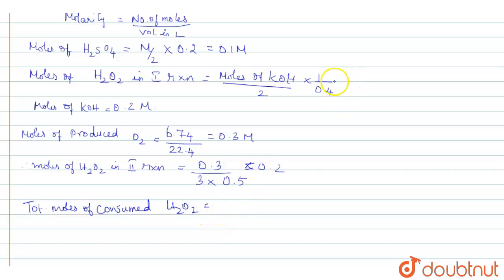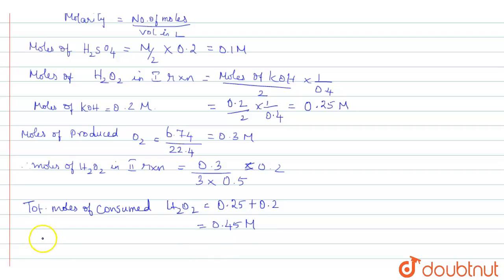By calculating this, I have here 0.2 divided by 2 into 1 by 0.4, which will be equal to 0.25 molar. So 0.25 plus this 0.2 will be equal to 0.45 molar. I have calculated the moles of H2O2.